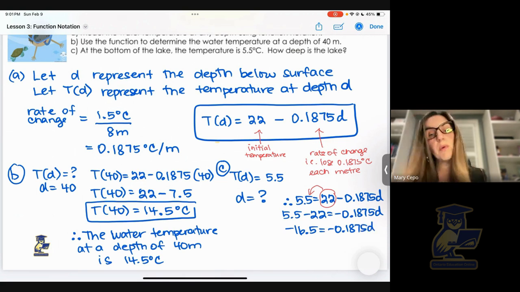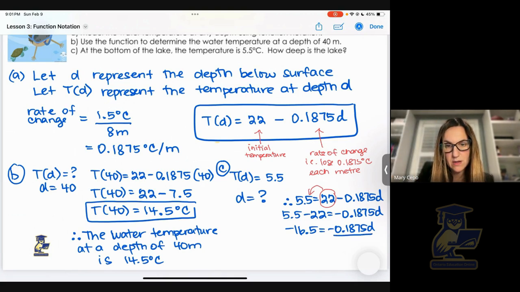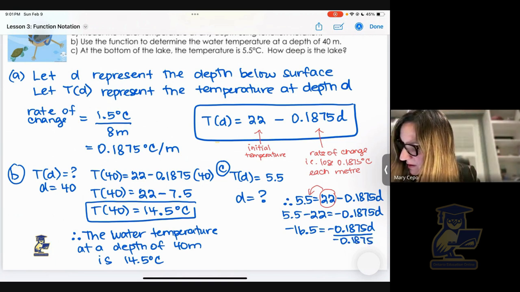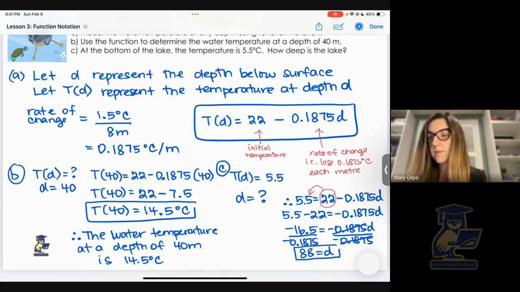We want to isolate for D, so we're going to divide that by negative 0.1875. A reminder again, what you do to one side of the equation, you have to make sure to do to the other. Divide that by negative 0.1875, and we're left with 88 is equal to D. Right?